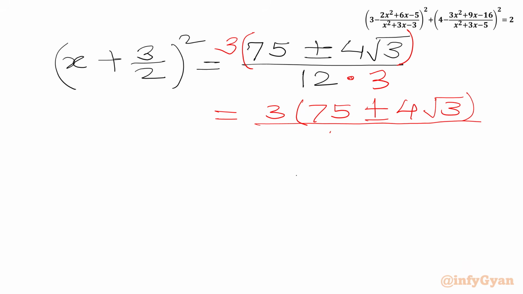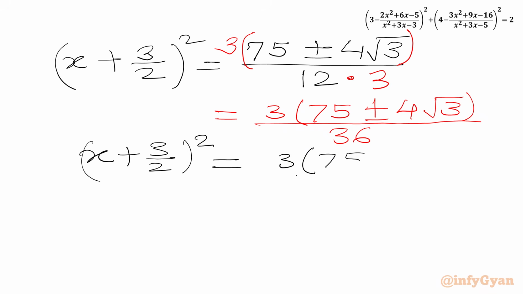And we can write 36 in the denominator, which is the square of 6. So I will write here x plus 3 over 2 whole square equal to 3 times 75 plus minus 4 square root 3 over 6 square.